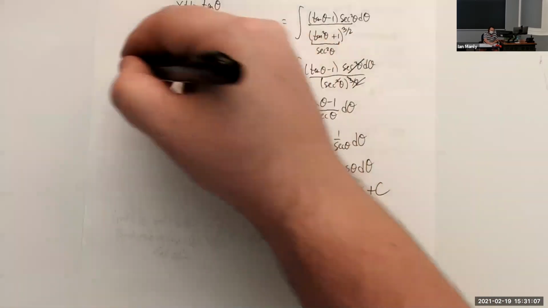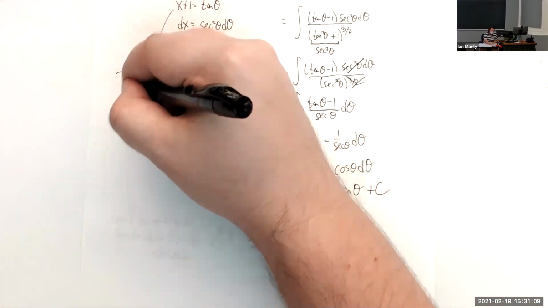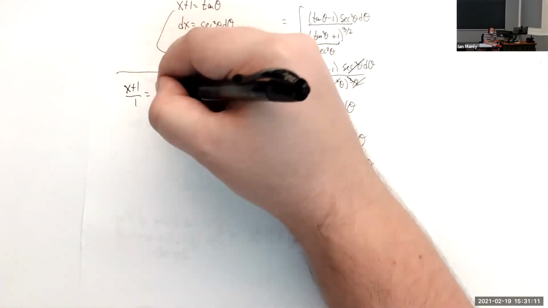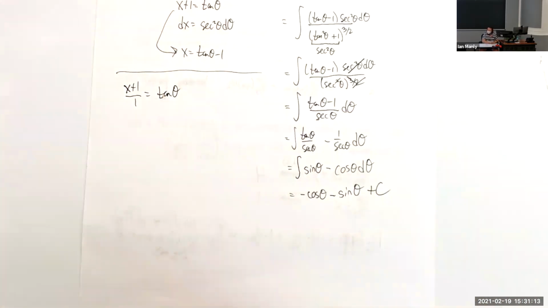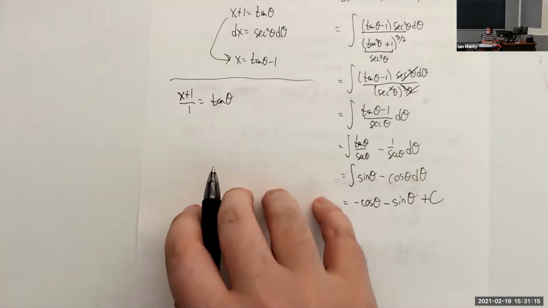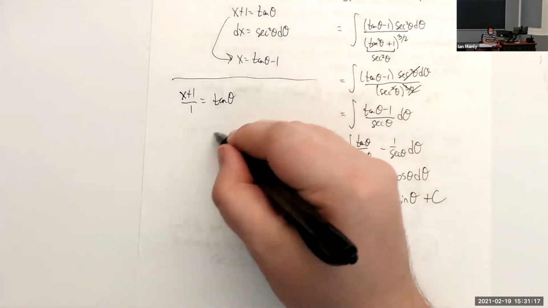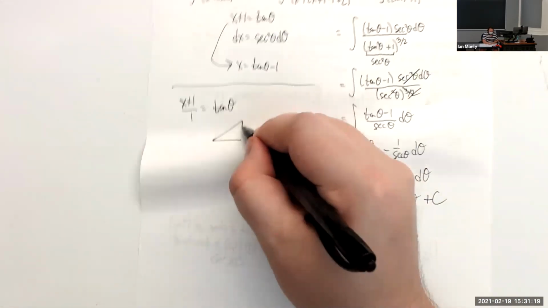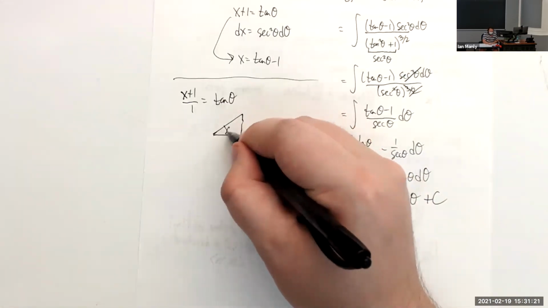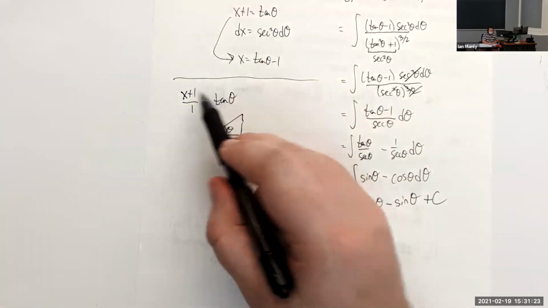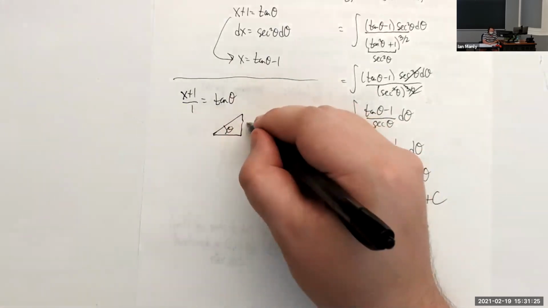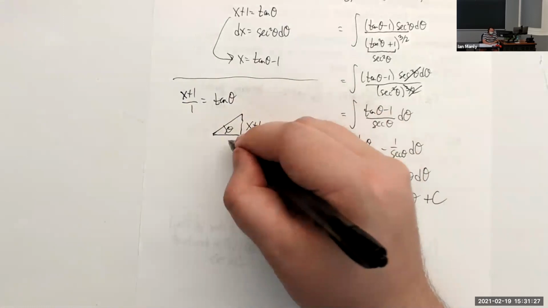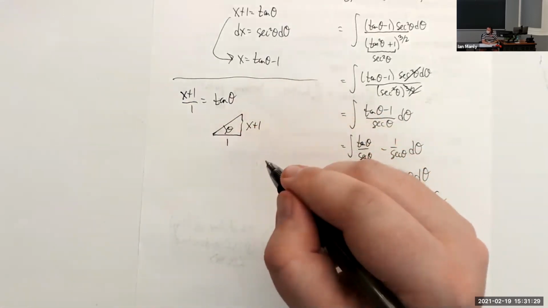Well, this is where we use the triangle. So we know that x plus 1 over 1 is tangent of theta, right? So what we can do is we can construct a triangle here. So the opposite side, tangent is opposite over adjacent. The opposite side is x plus 1, and the adjacent side is 1 right here.